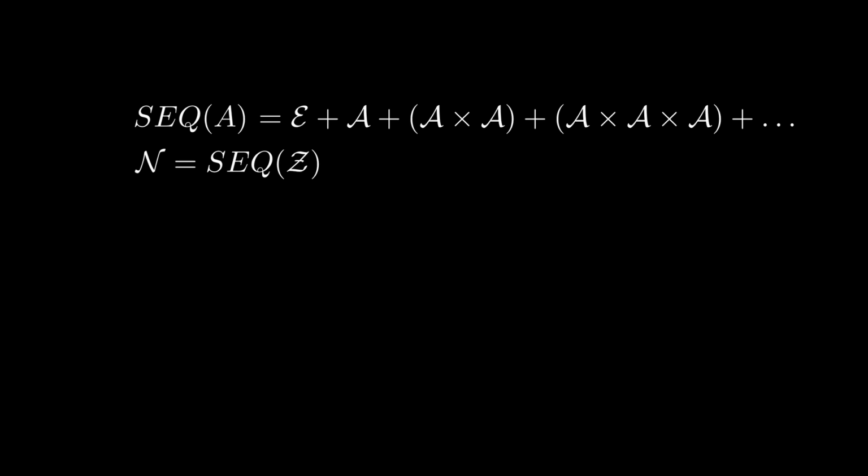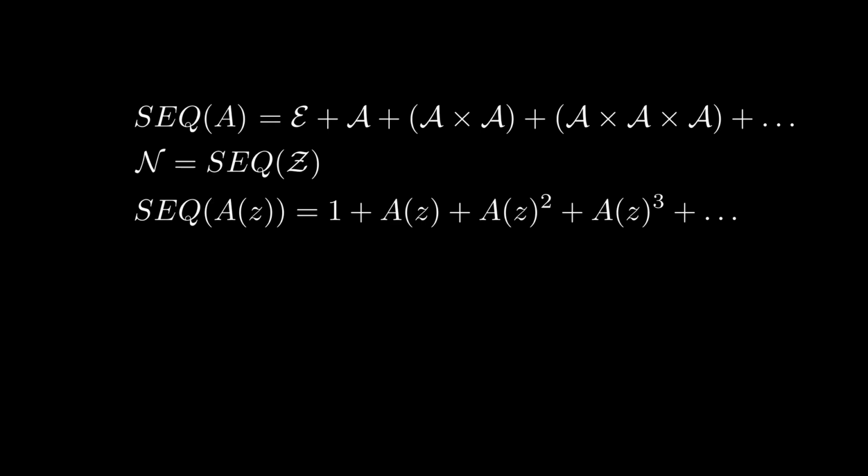As with our previous constructions, the sequence construction has a corresponding meaning for generating functions. As we might expect, seq of A of z is equal to 1 plus A of z plus A of z squared plus A of z cubed, and so on. Now for any particular value of z, this is just a geometric series with ratio A of z.